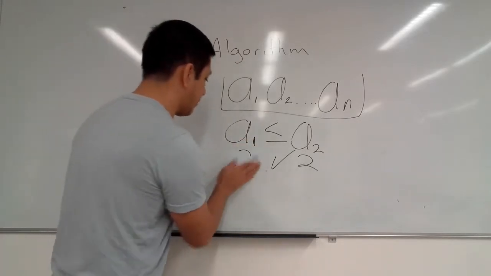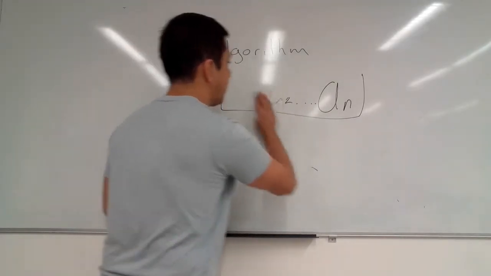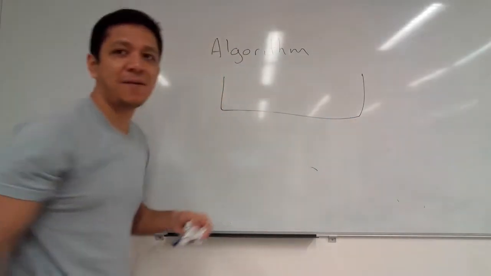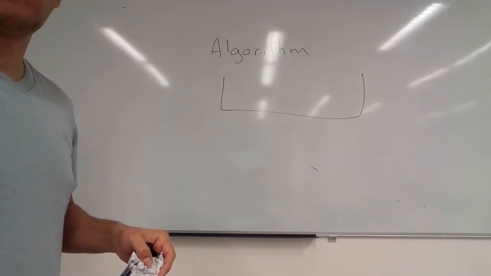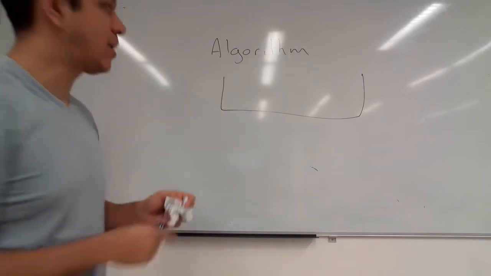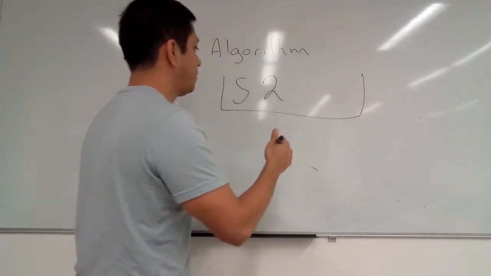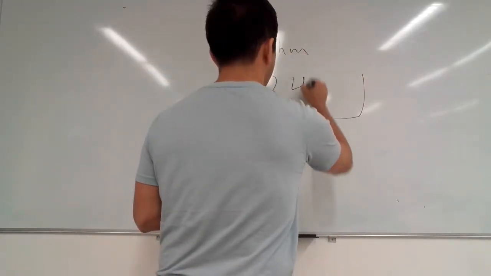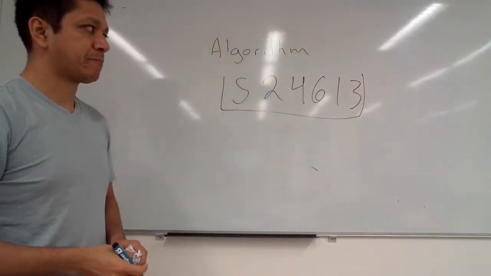So let's start to give you some examples in this vector. When I say vector, I'm calling this part, okay? So let me give you one example, which is here. Let's think about the numbers 5, 2, I don't know, 4, 6, 1, and 3.